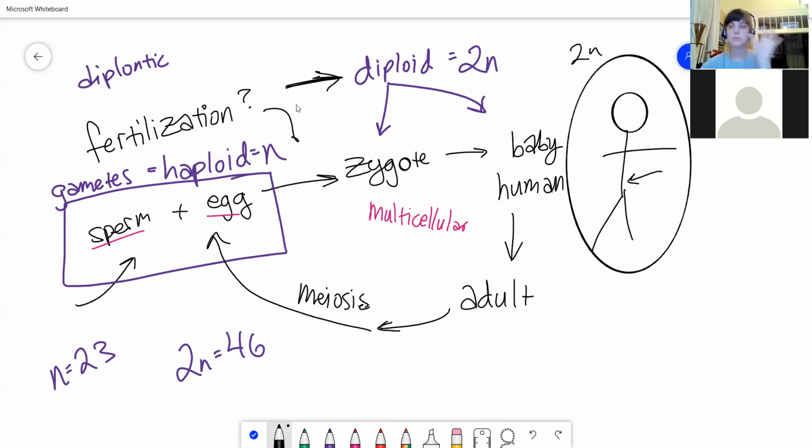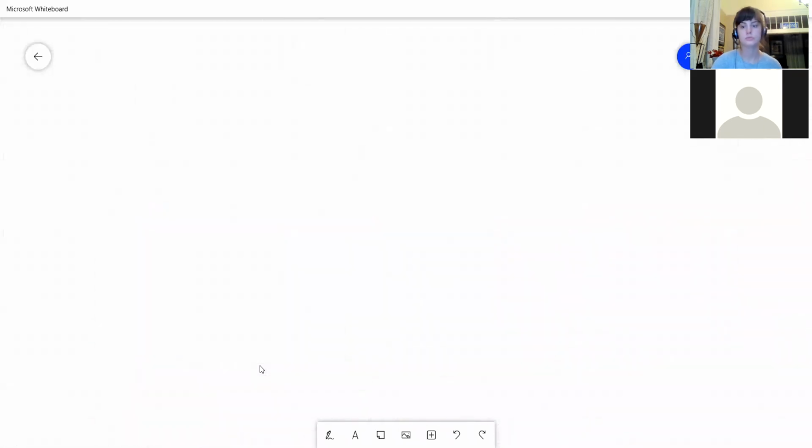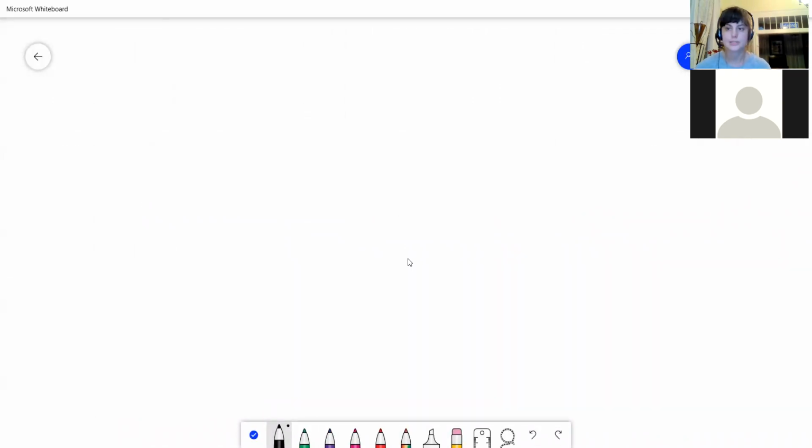Okay, it's going to be the same for plants. We're just going to add some steps. I'm going to try and make it neater than what I have done here. Okay, so we're going to come up with all these new words. We've already got haploid and diploid.